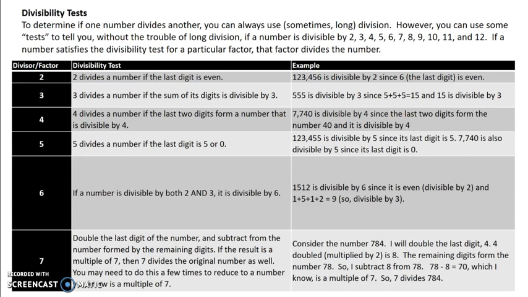There are certain divisibility tests you can use to determine if one number divides another. You can always use long division, but some of these tests are a little quicker.